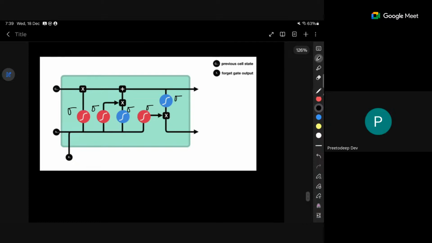Instead of CT, the previous cell state, we use ST, and this of course is HT. The previous ones should be all t-1, and this is XT. So this is the architecture. Again, you will get ST and HT here, so you get two outputs while feeding three inputs.